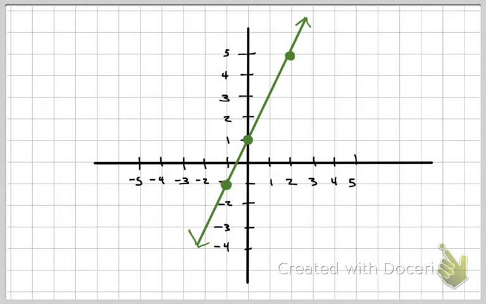So what I mean by that is, you see how the line intersects right here at a point of 1, 3? Well, if you were to go back to that function and plug in 1 and 3, it would actually be a solution also. So the line represents all of the possible solutions. We just put 3 of the solutions on the graph, but there's actually an infinite number of solutions, and they lie on the line.